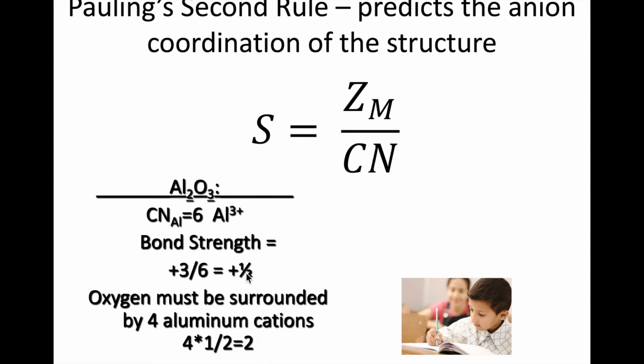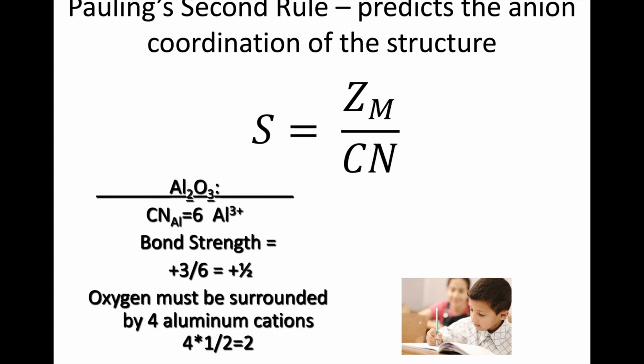So 4 times 1/2 is equal to 2, which is the charge of the oxygen. So we have to basically balance it. Effectively, since 4 aluminums surround it, that gives us the anion coordination.